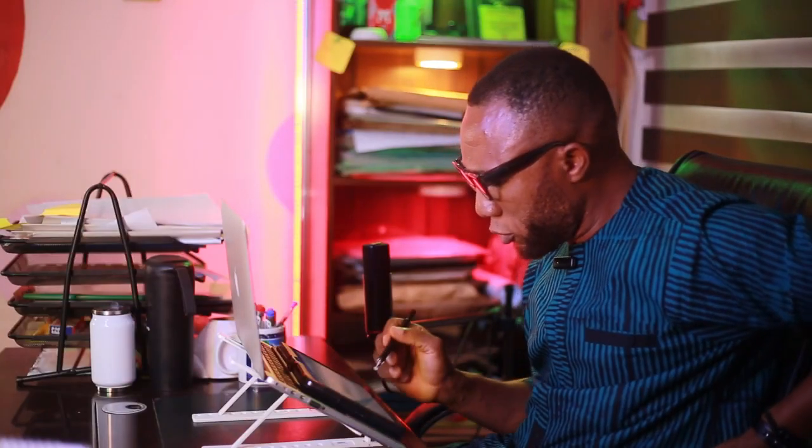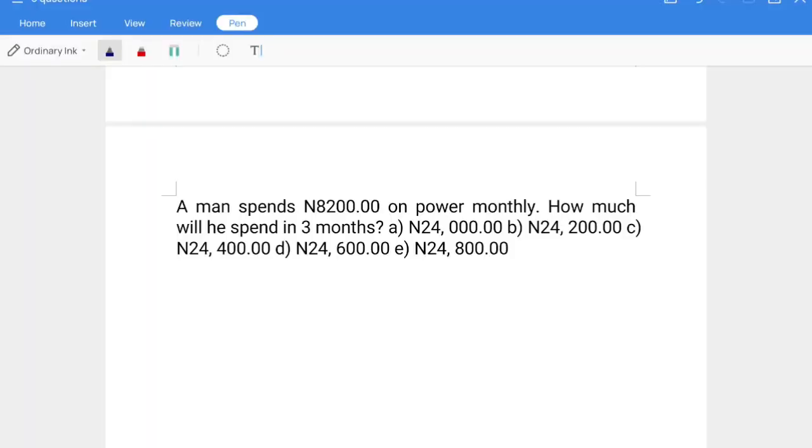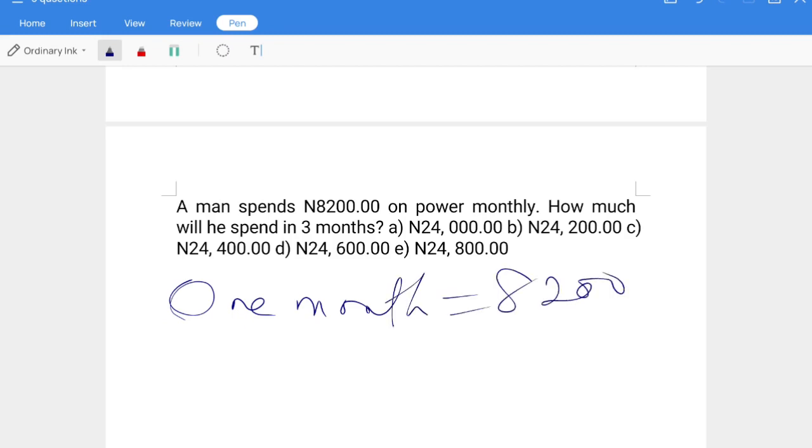The next question. A man spent 8,200 naira on power monthly. How much will he spend in 3 months? They asked you per month. 1 month equals 8,200 naira.